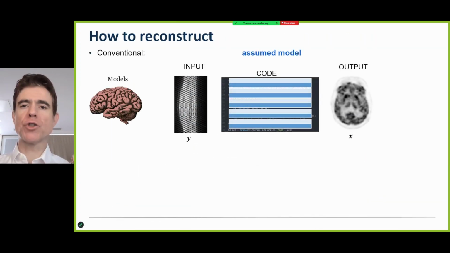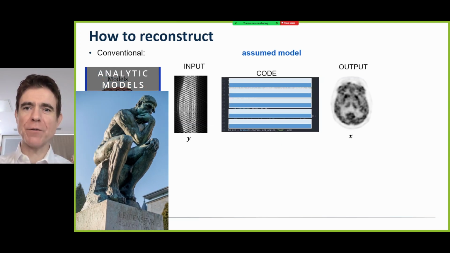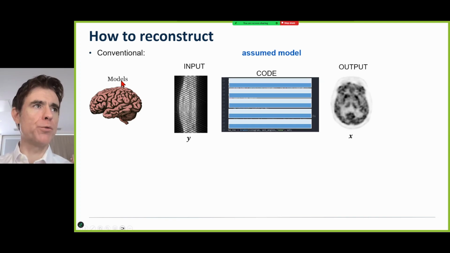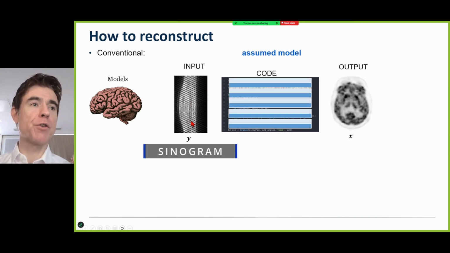So, conventional approaches to image reconstruction. I'm using this kind of brain here to denote the kind of models that we sit and think about. We get out our pen and paper, think it through, and come up with some algorithms. These are our own models. What we do then is we consider some input sinogram. Sorry, I'm interchanging between M and Y here. So we've got a sinogram Y here.